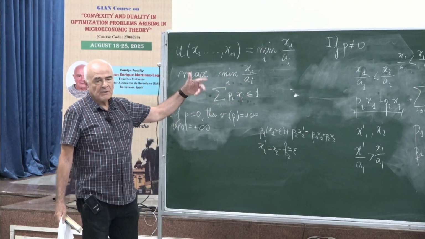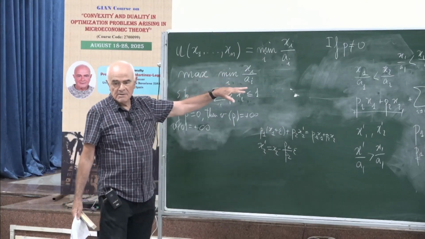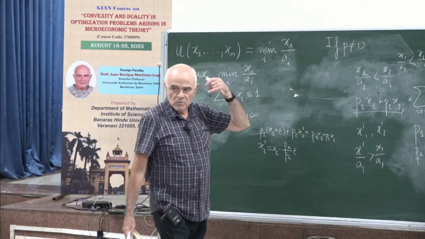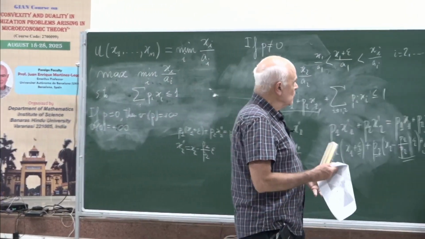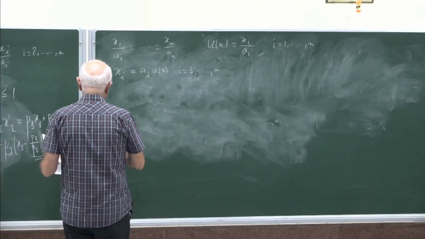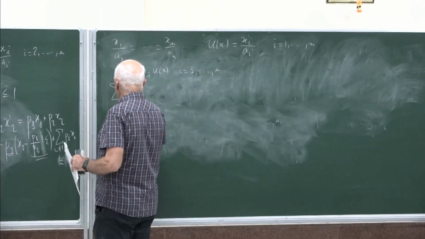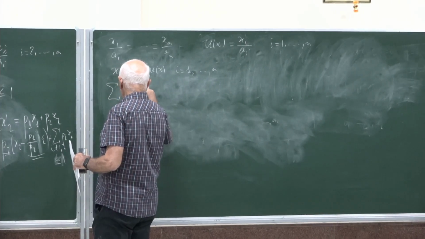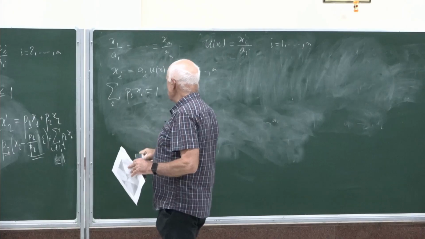Or you spend all the extra money on the smallest, whatever you want. So there is no loss of generality in assuming that the sum of pi xi is equal to 1.